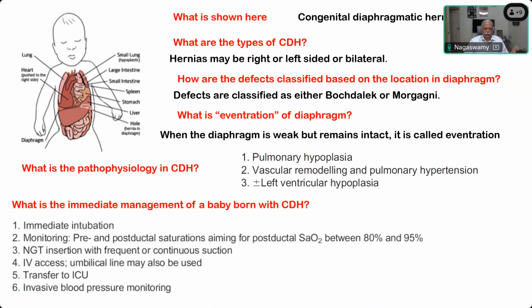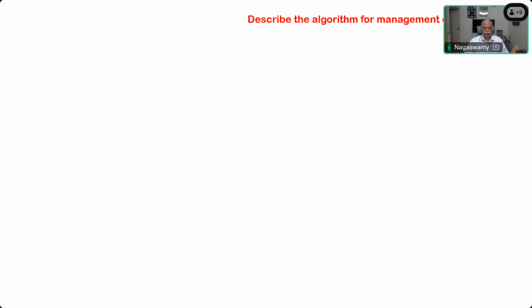Immediately, avoid mask ventilation and intubate. Monitor pre and post ductal saturation, aiming for a post ductal saturation between 80 and 95%. Nasogastric tube insertion with frequent continuous suction, IV access either through an umbilical line or transfer the patient to ICU, and invasive blood pressure monitoring. These are all the important immediate treatments that we should give.